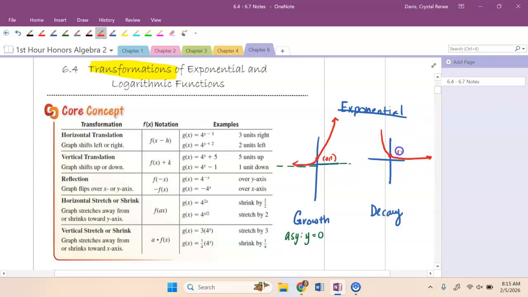Although the graph looks kind of like the opposite, our asymptote is still right here, at y = 0. That's going to be important today. Remember, an asymptote is that imaginary line that we continue to get closer and closer to, but never reach.